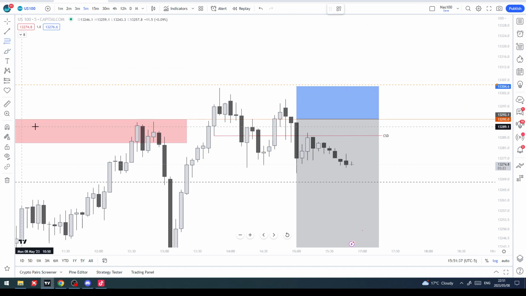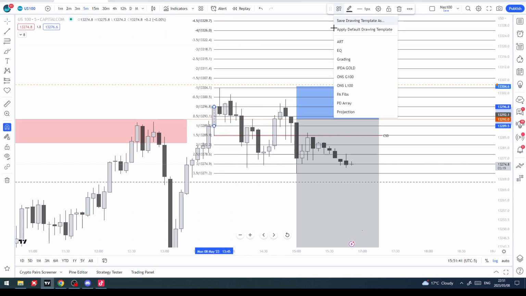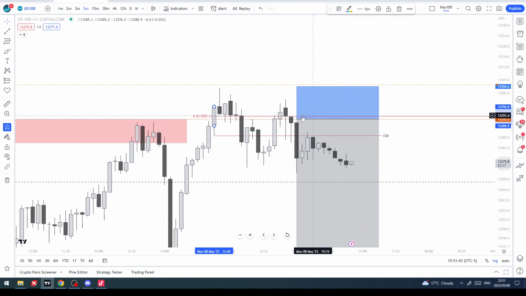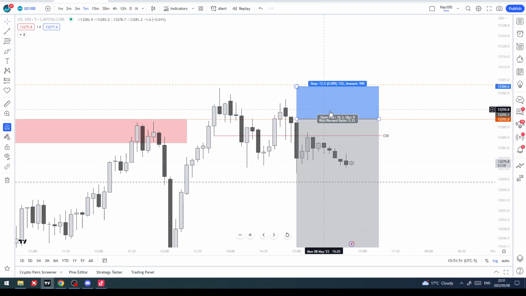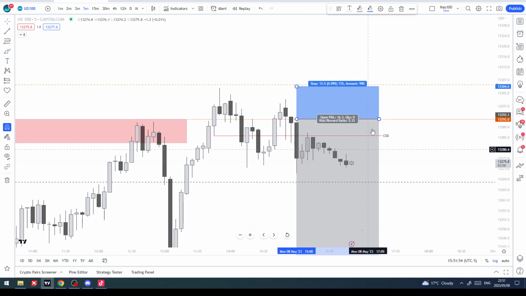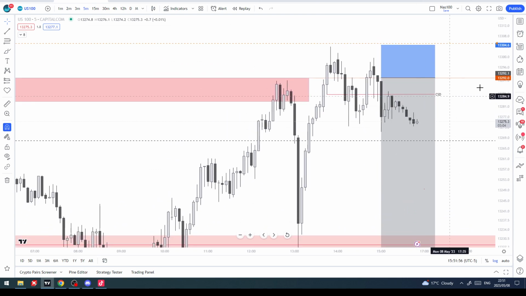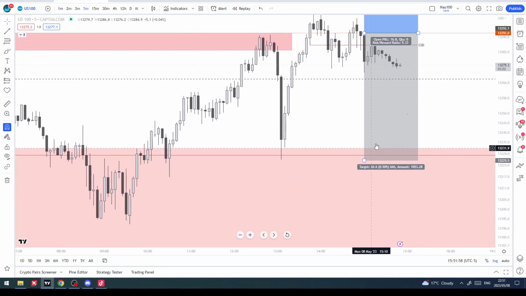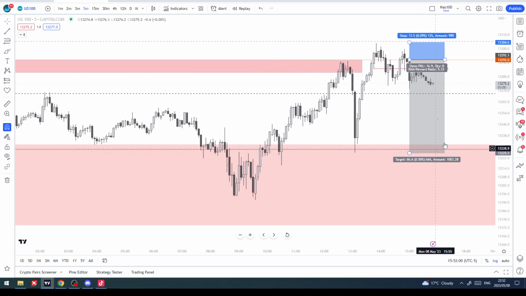And 50% of the body of that candle is where I would enter. Equalizer there. Right there. So that's the only reason I had this short setup at the beginning of the stream, targeting the lows or even lower.